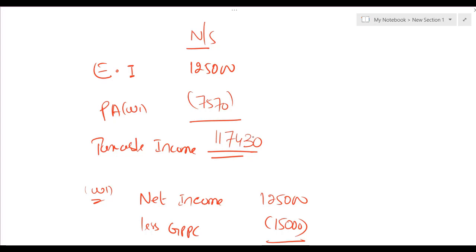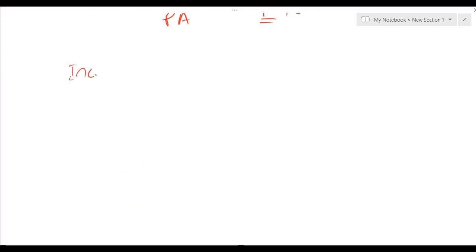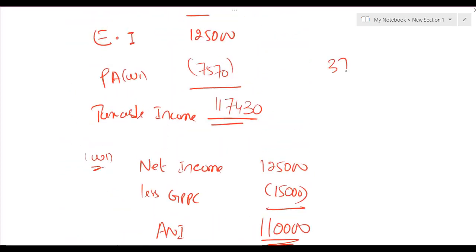Now I really want you to calculate income tax. How are you going to calculate income tax? The basic rate band, which has a normal limit of 37,700, will actually increase by gross PPC 15,000. So basically the basic rate band limit will not be 37,700.